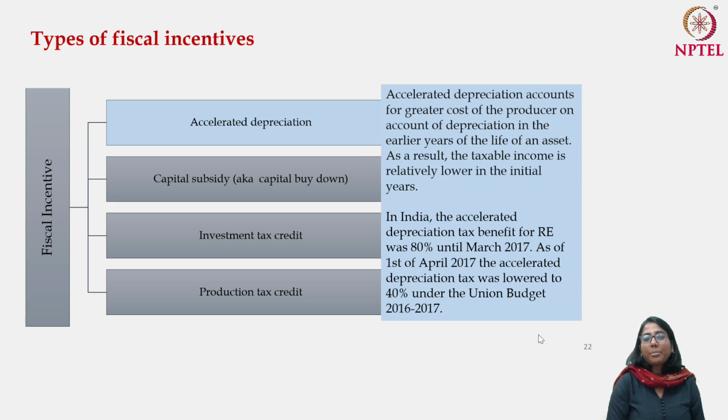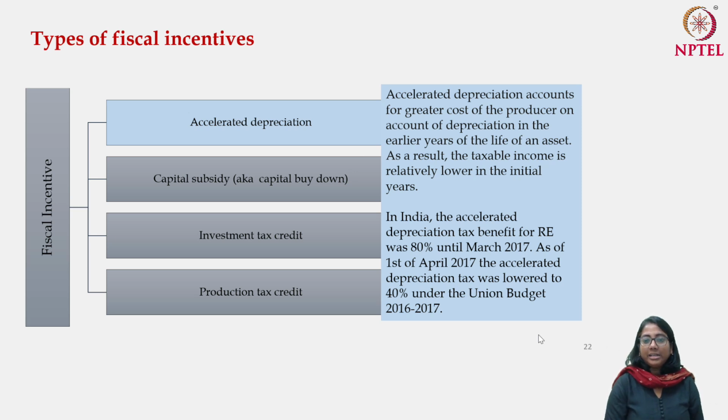If you can show a part of your earning as a cost, so the part of revenue that you are earning is being accounted for your depreciation, which is a cost, you are left with less revenue which is taxable, right? So if you can show the increased depreciation during the initial years of the machinery, then during those initial years you are going to get some tax benefit.